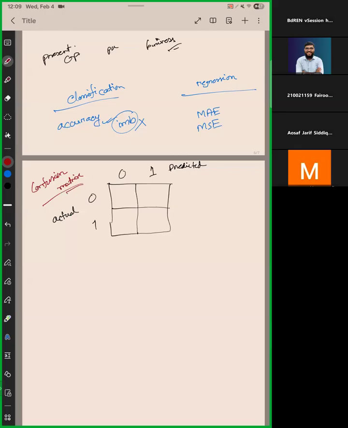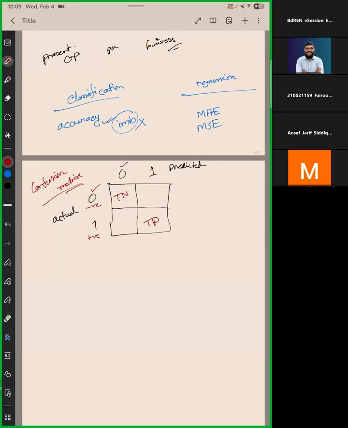If the actual value is 0 and the predicted value is also 0, where 1 means positive and 0 means negative, that is called true negative. Are you following? Yes, sir. So actually negative, also predicted negative, that is true negative. Actually positive, also predicted positive, that is true positive. These are correct predictions, and these two are misclassifications.